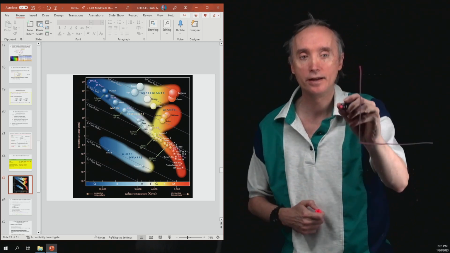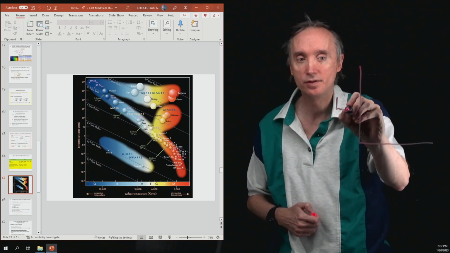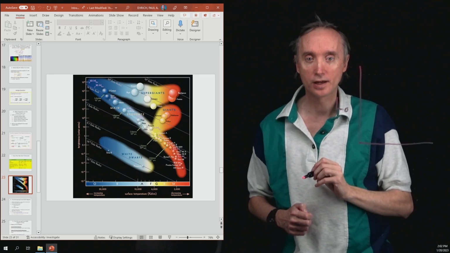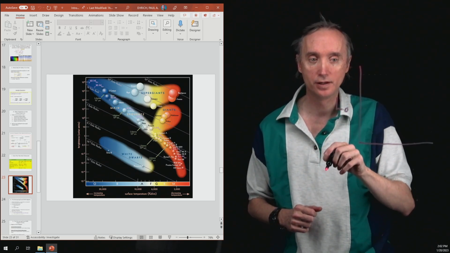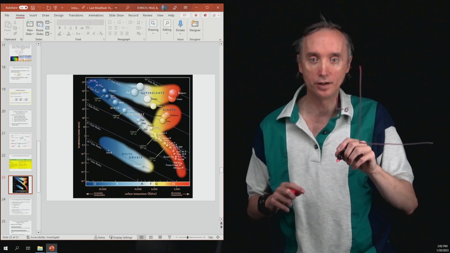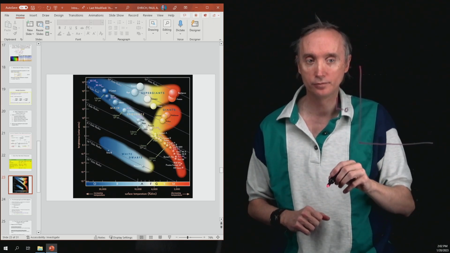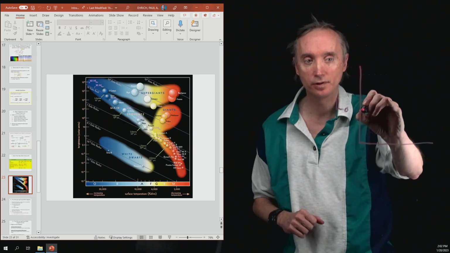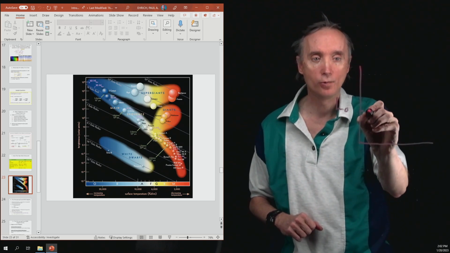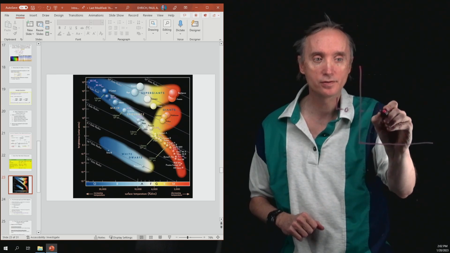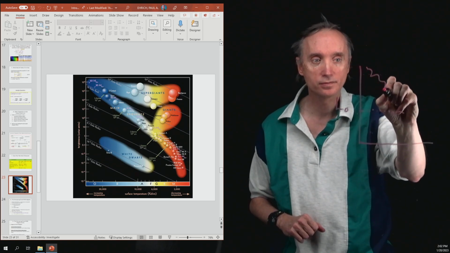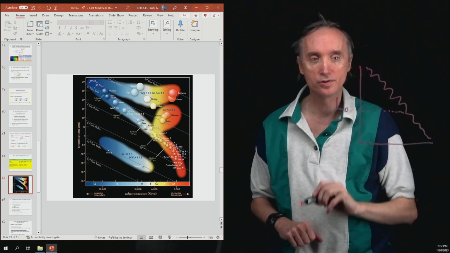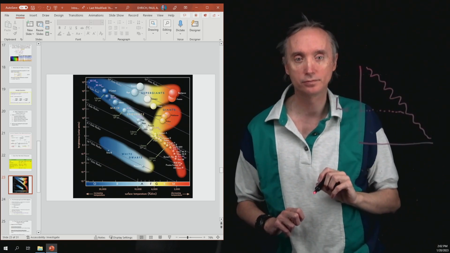So do you remember that L sub 0 thing? Okay, now find 1. On that chart, see if you can locate where 1 is. Okay, so 1 is roughly right about here. Now I want you to go sideways until you get to this thing here, which is going to be called the main sequence.